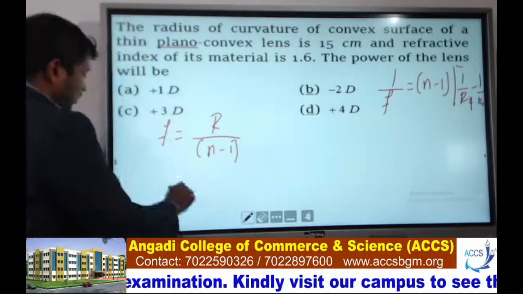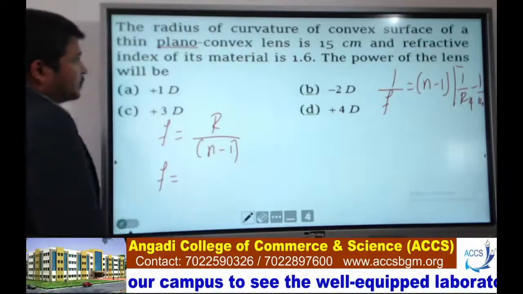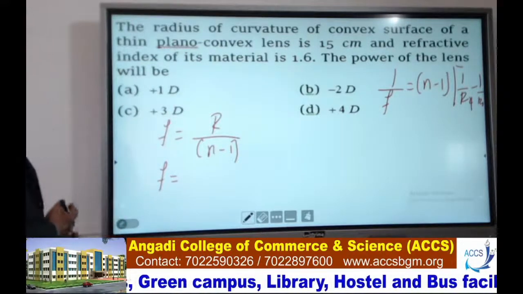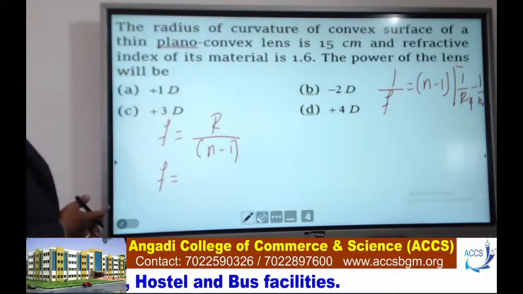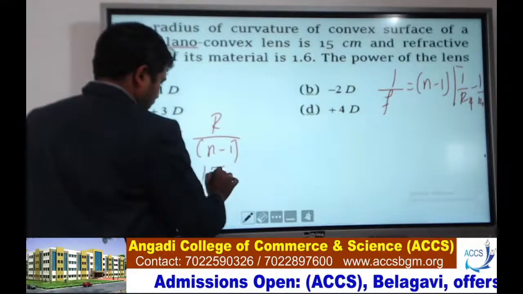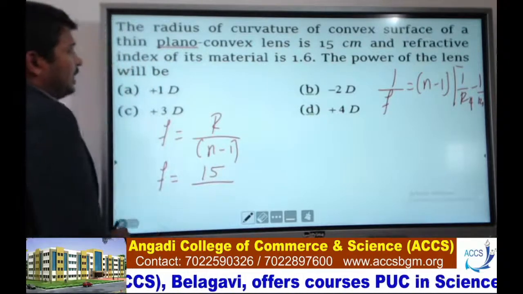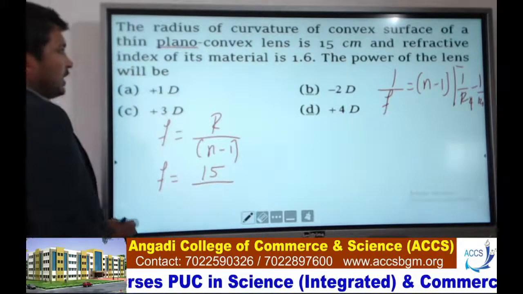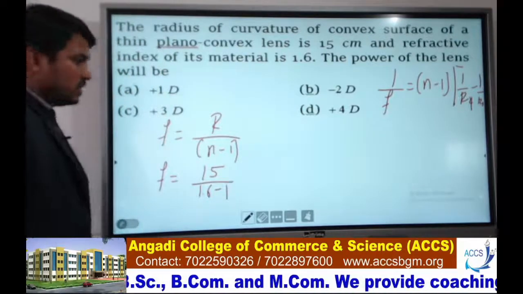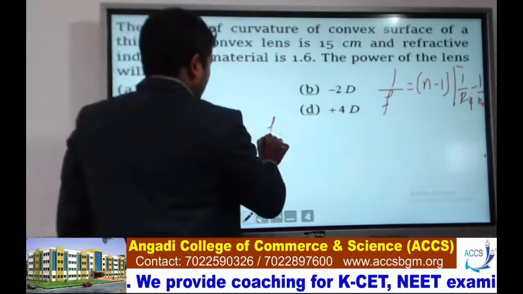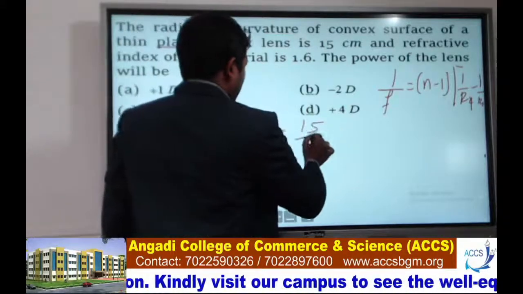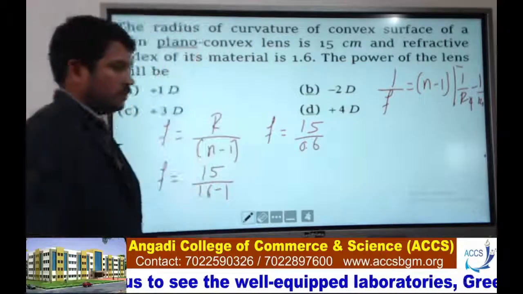The radius of curvature of the convex surface is 15 centimeter, and the refractive index is 1.6, so 1.6 minus 1. Now F equals 15 divided by 0.6.